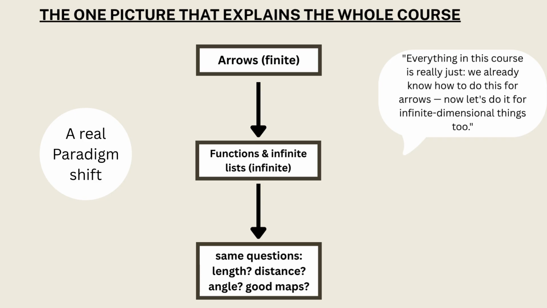Now we'll deal with infinite dimensional objects, for example, functions and sequences, and we want to answer the question: can we do the same arithmetic, for example finding length, finding distance, finding angles, with these infinite dimensional objects as we did with these finite dimensional objects?